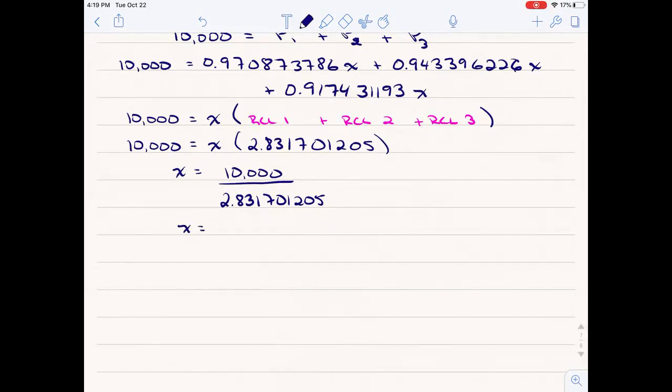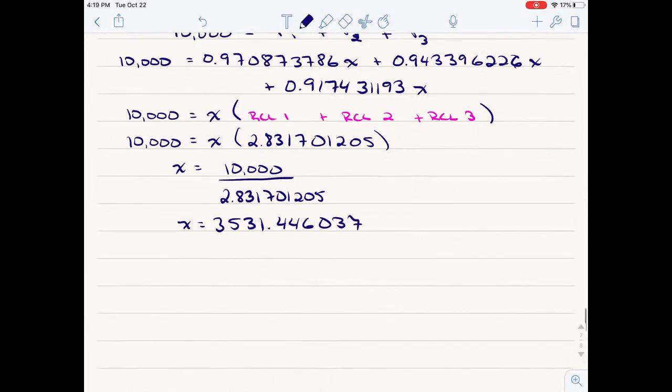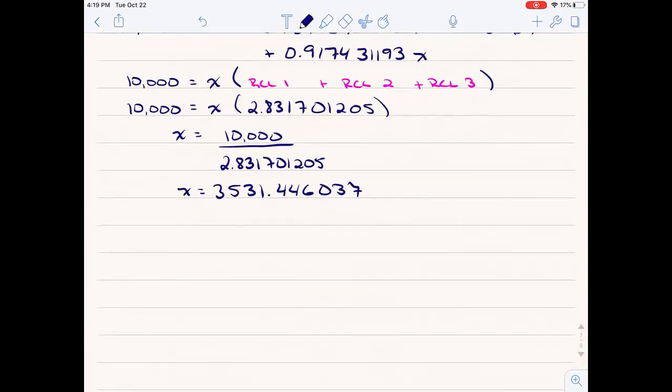So x must be 10,000 divided by that previous answer, which I get 3,531.446037. But x is a dollar amount, right? So x is $3,531.45.